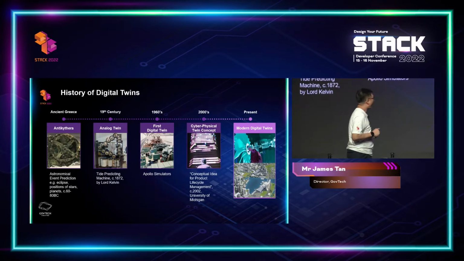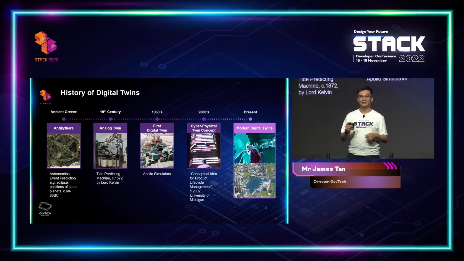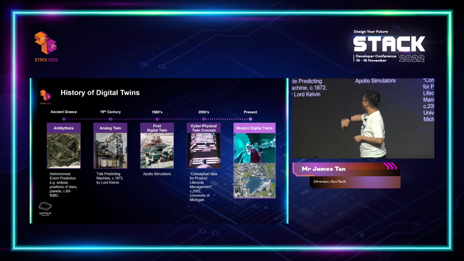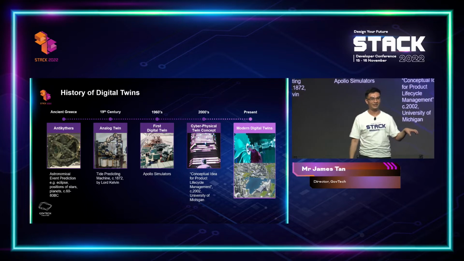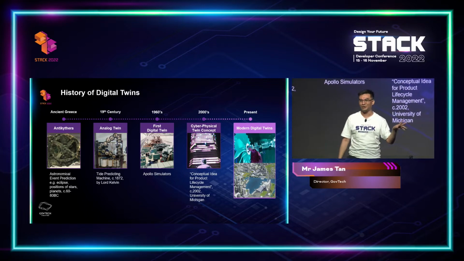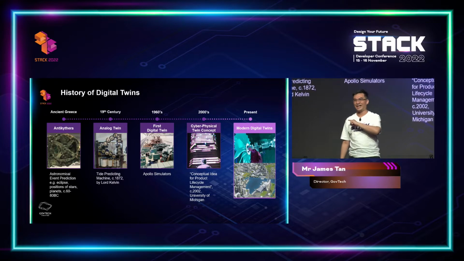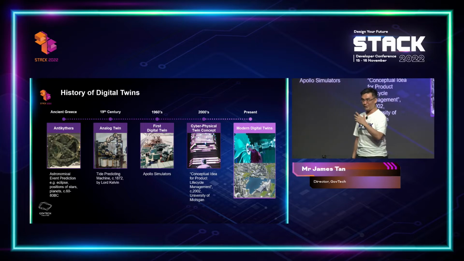So the history of digital twin goes more than 2,000 years back. The first one is actually a physical twin. They found it off a coast in the Mediterranean Sea, Greece, over 2,000 years ago. It sunk there. People thought it was an alien object, a technology developed by aliens. But only recently they discovered that it is actually a physical twin.